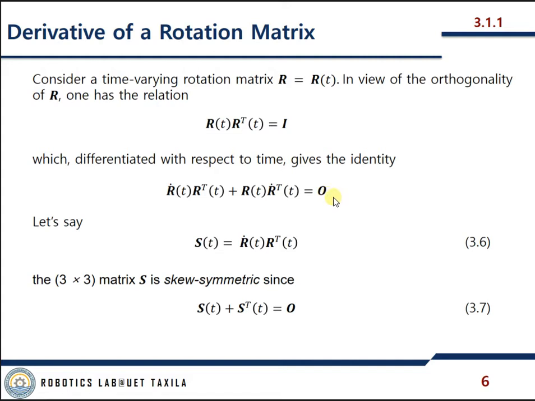So let's say there is a matrix we call S of t, equal to R dot R transpose. We call this S matrix skew symmetric because if we look at this equation, S plus S transpose is equal to 0, which means S is equal to negative S transpose, which is the definition of a skew symmetric matrix.